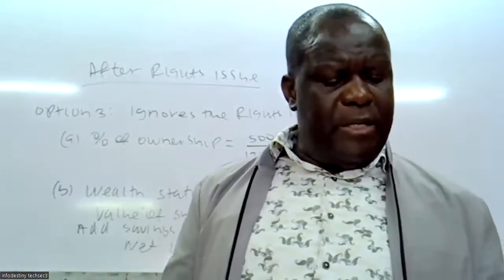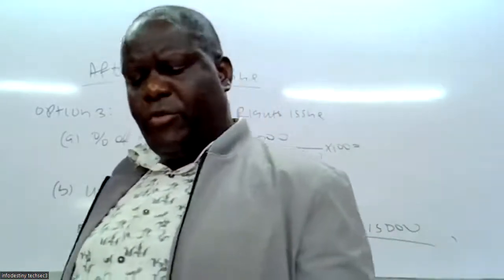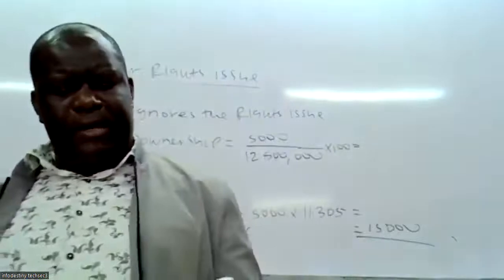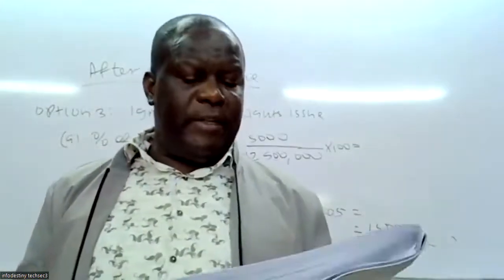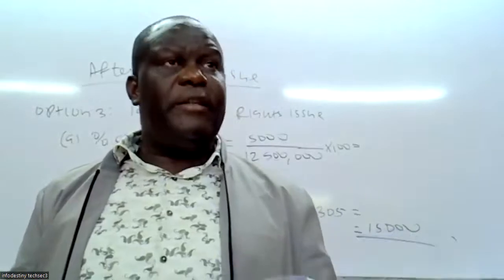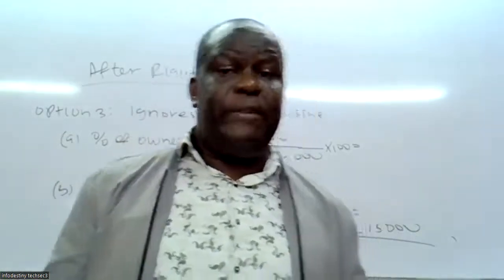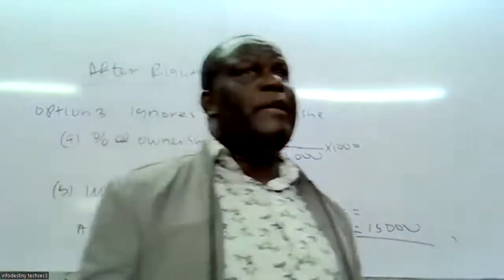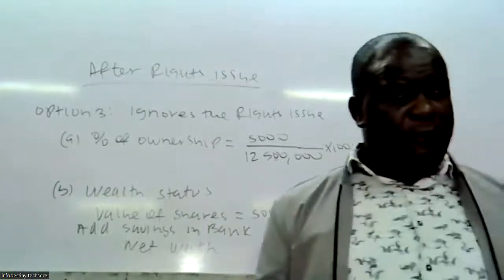So the management of the company has proposed to raise funds through a rights issue offering at a discount rate of what percent? 25% on the current share price. So that means our offer price will be 75% of the current market price, because they have given you a discount of 25%.